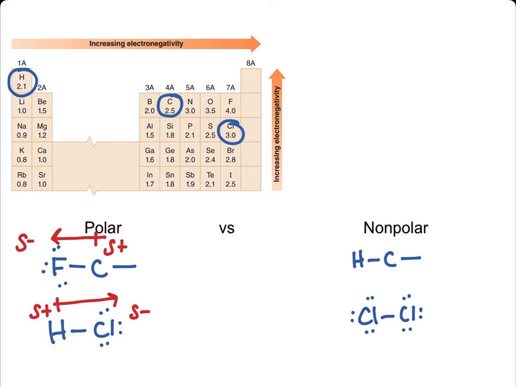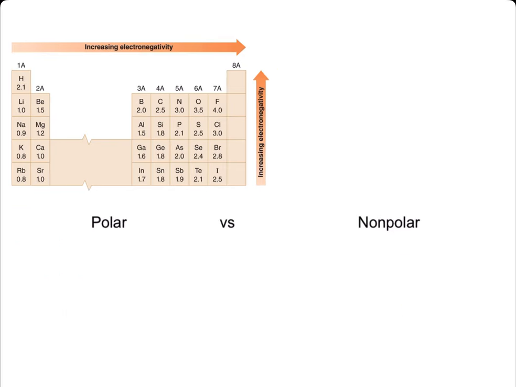Let's take a look at another example. Let's talk about a tetrahedral molecule. So we have carbon, and another tetrahedral molecule with different elements.